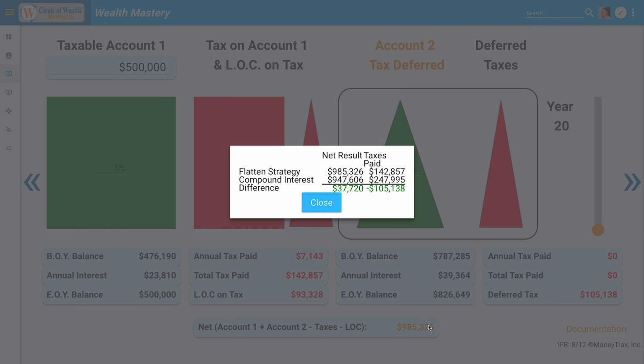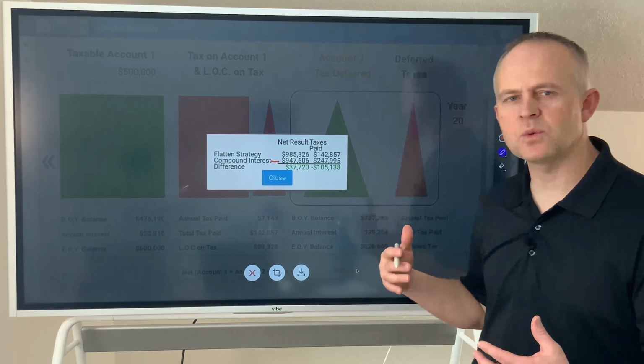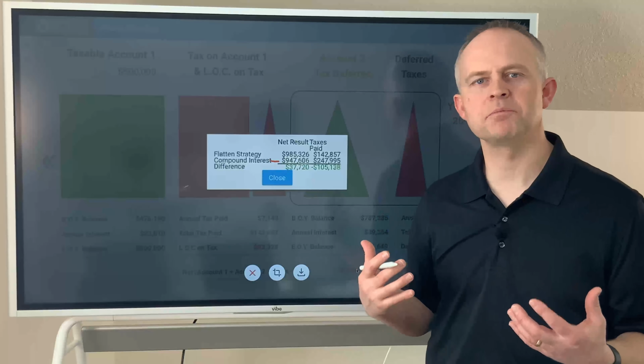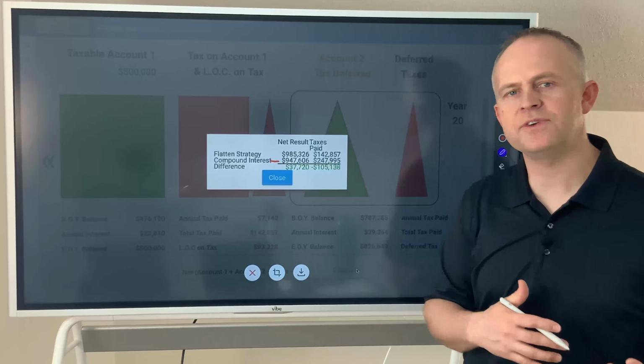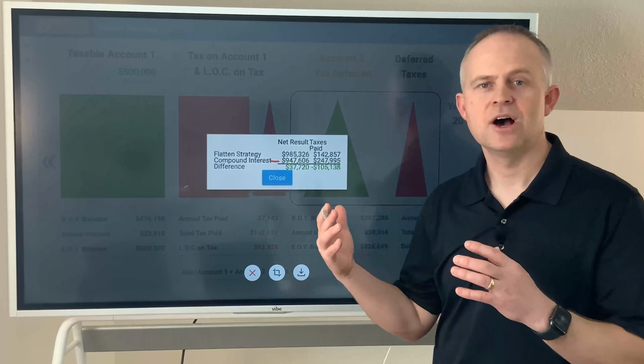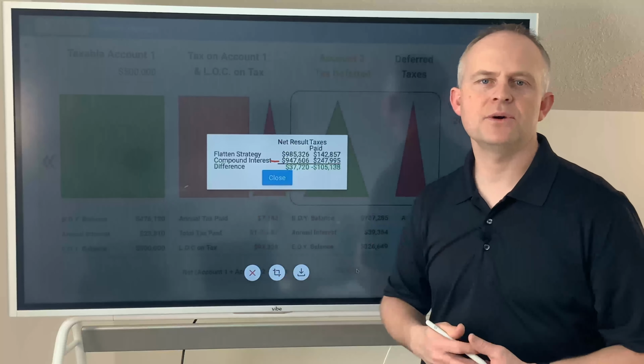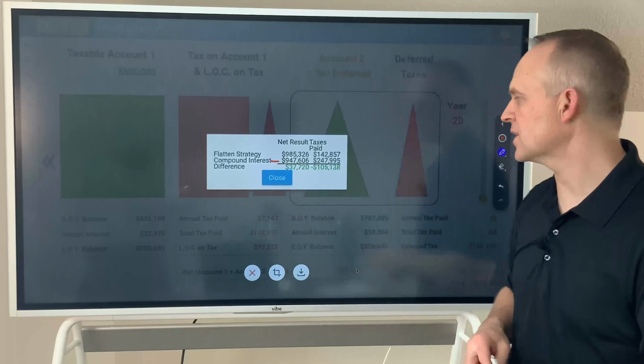A difference in your pocket of $37,000, right? And $105,000 less in taxes paid. So if you think about it, this is one of those major holes in your bucket that could be fixed, and you could do that by moving just the earnings on your account into a tax deferred vehicle, right?